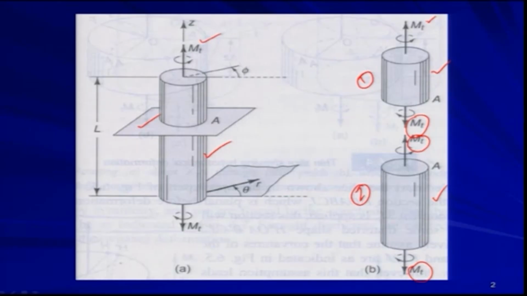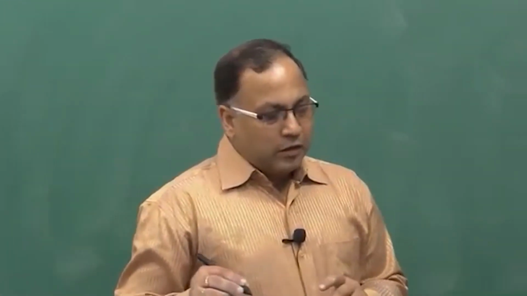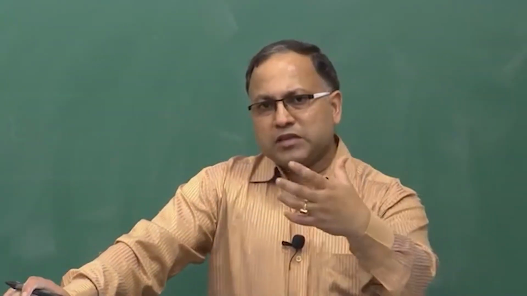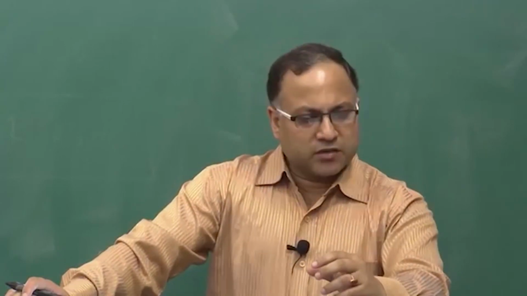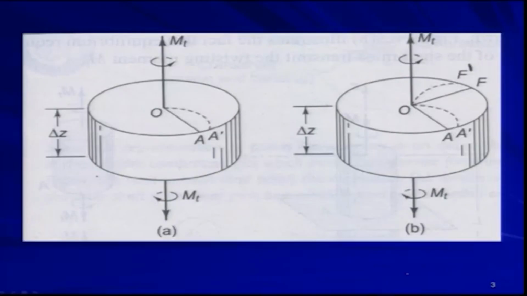Now, we are going to talk about the symmetry argument. Now, what is that? If you consider one particular cross section, say this is one cross section, I am taking some slices.